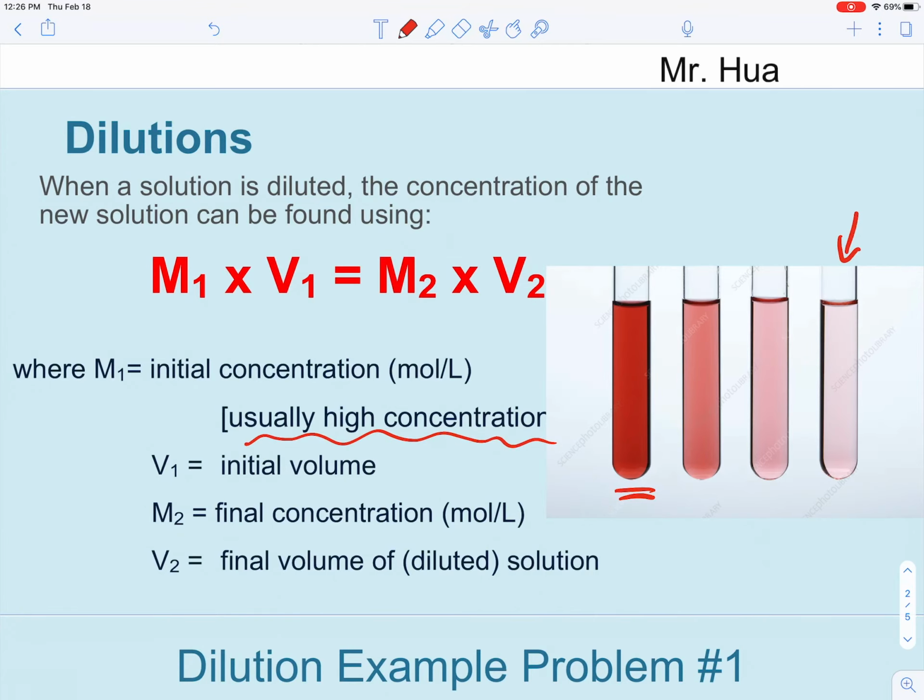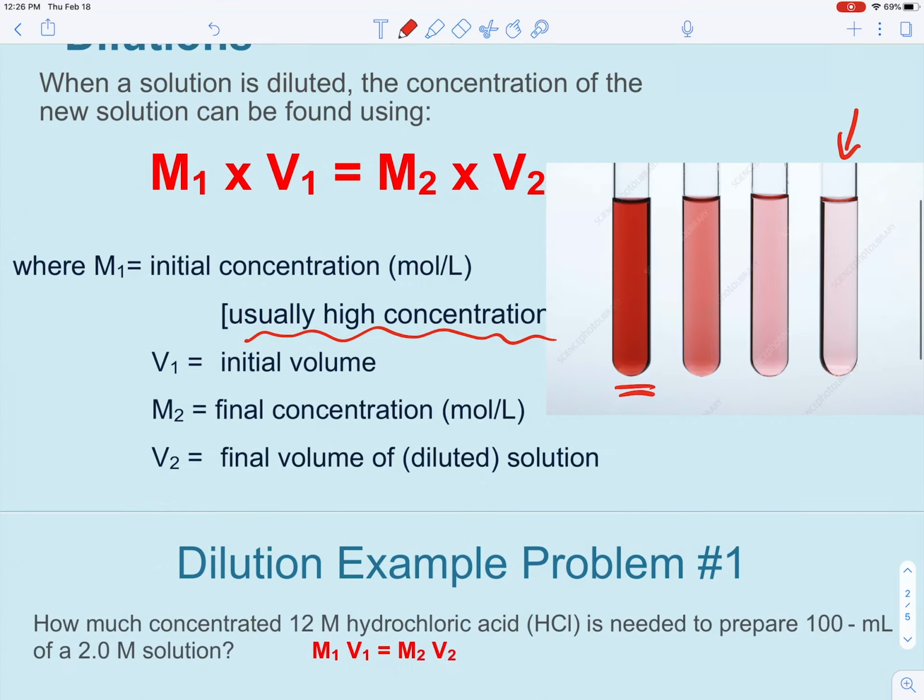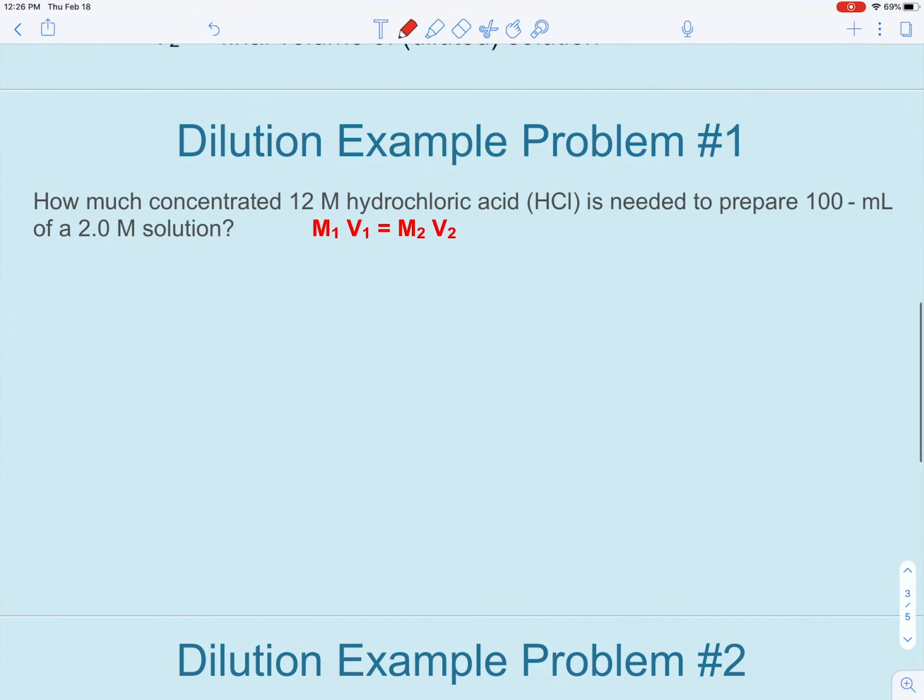Okay, so we're going to use this formula. M, of course, stands for concentration in moles over liters. V is volume. Let's take a look at this first example.